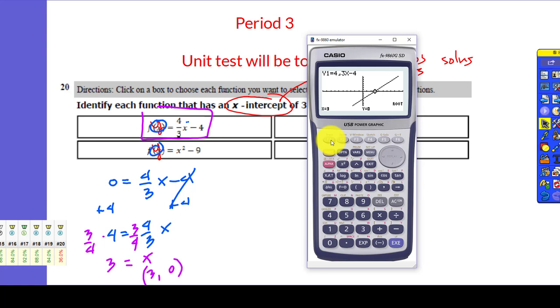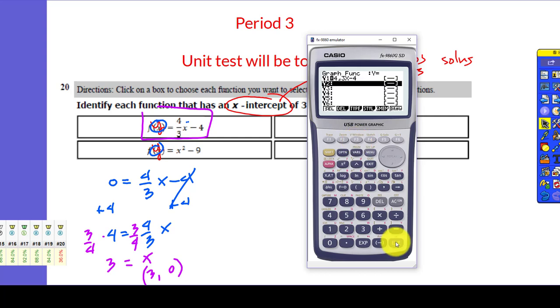Now if you can't read the graph, here's how you fix your graph. So go to view window, shift, then F3 to use view window, and then just use STD or standard. So F3, it will fix your x minimum, y minimum, and that will fix your screen.